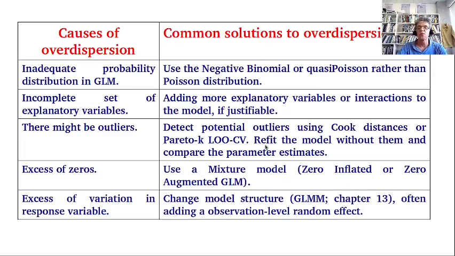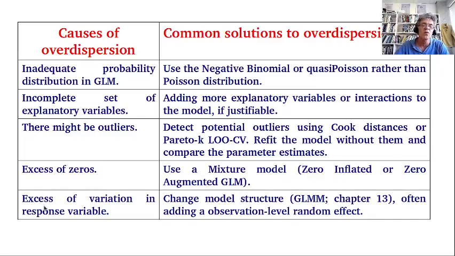In this case, you could try to refit the model without the outliers and compare the parameter estimates between the two. There might be an excess of zeros. In this case, we may use a mixture model, and there are two brands of this: the zero-inflated and the zero-augmented GLM. This will be discussed in another video associated with this chapter.